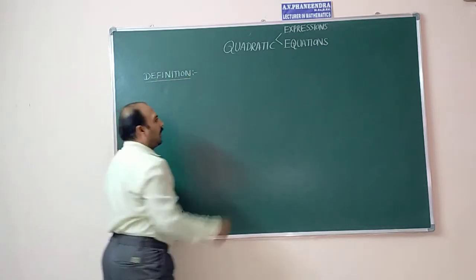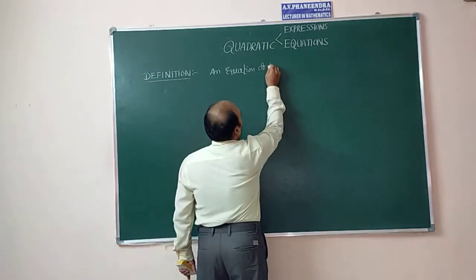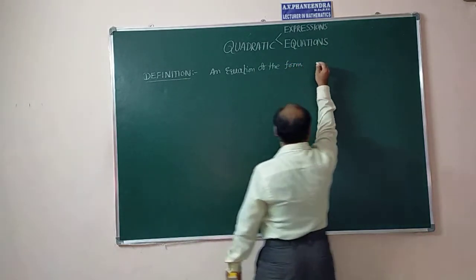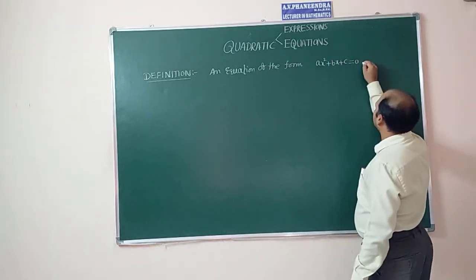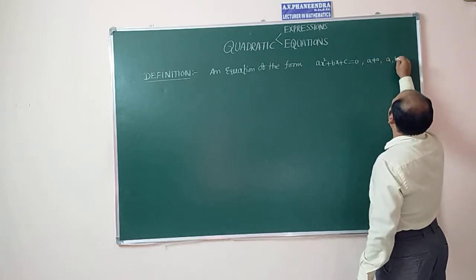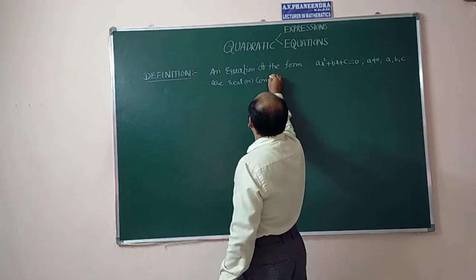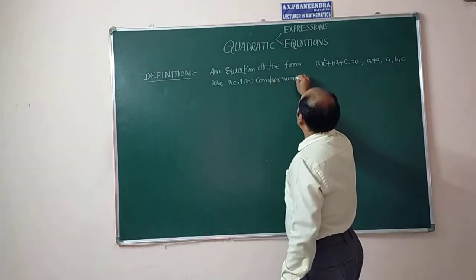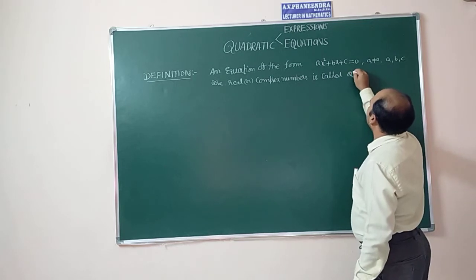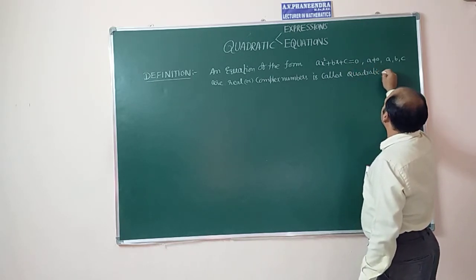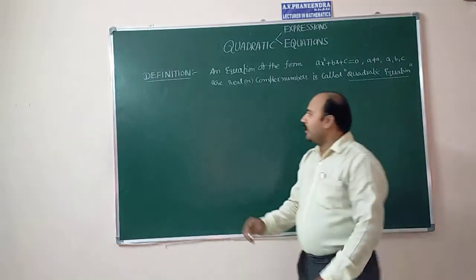What is a quadratic equation? An equation of the form ax square plus bx plus c is equal to 0, where a is not equal to 0, and a, b, c are real or complex numbers, is called a quadratic equation in variable x.